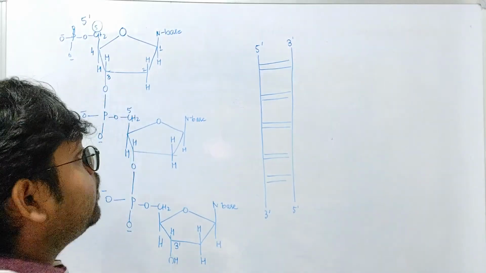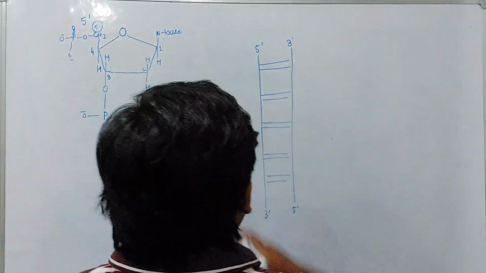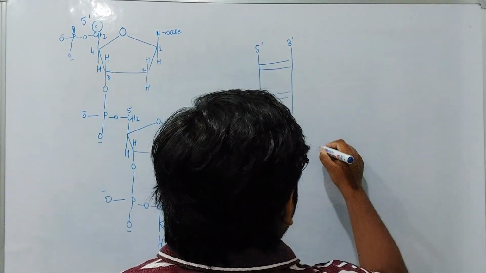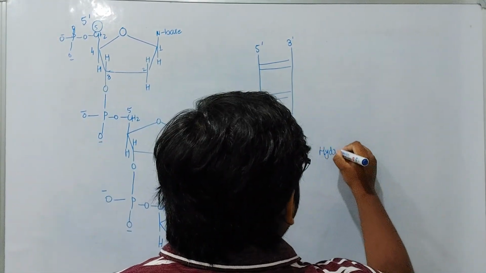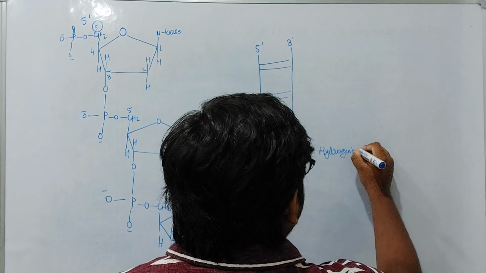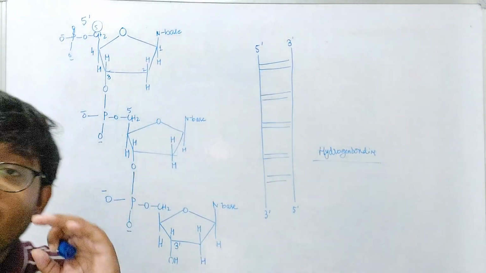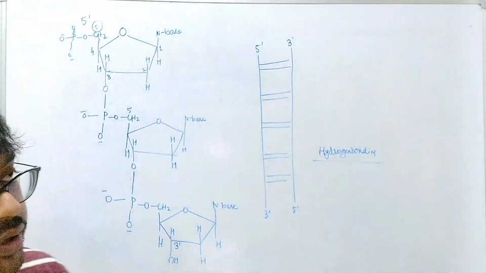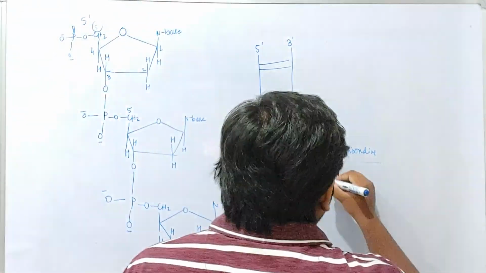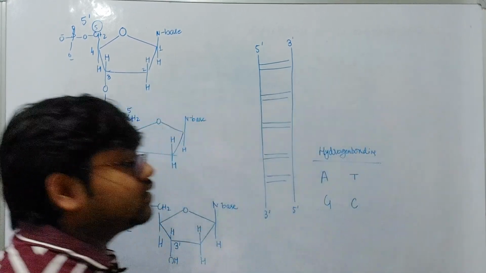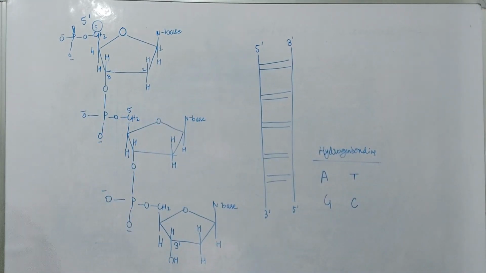All right, so let me tell you what kind of bonding is there. Once again, there is a bonding called hydrogen bonding, between the nitrogen bases like adenine, thymine, guanine and cytosine. We are talking only about DNA.